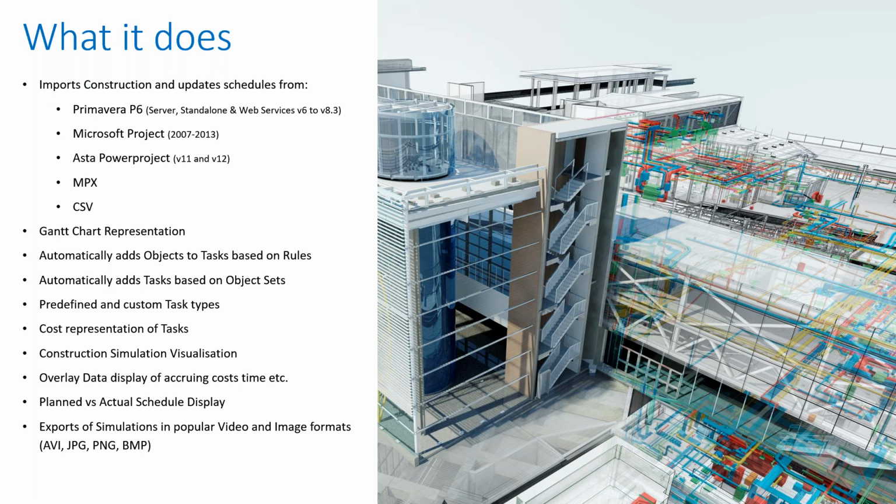Onto that simulation, we can put data, accruing costs and times, which we'll look at a bit later. It also has plan versus actual display. And at the end, it allows us to export the simulations that we create in some of the most popular formats, such as AVI, JPEG, PNG, or bitmaps.